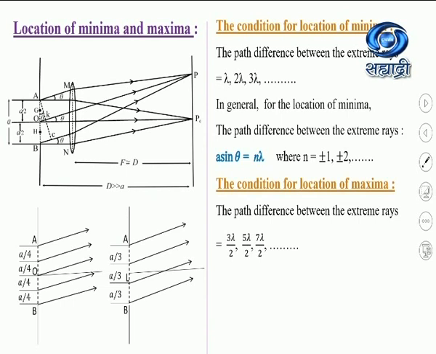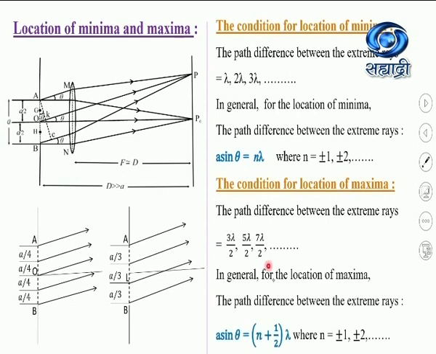So, as we go away from the central maximum, the intensity of all bright fringes goes on decreasing. Similarly, when the path difference between the extreme rays is 7 lambda by 2, we get the next bright point or next bright fringe in the diffraction pattern.